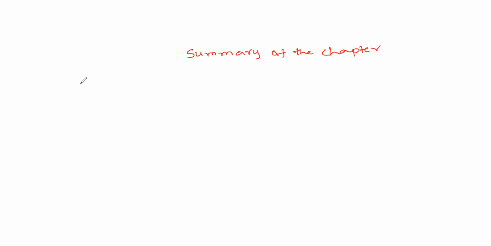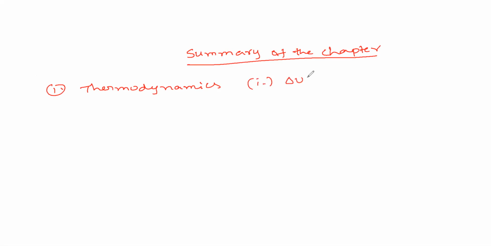First we have done the thermodynamics part. In thermodynamics, the important formulas are, first one, delta U is equal to Q plus W. That is the first law of thermodynamics.